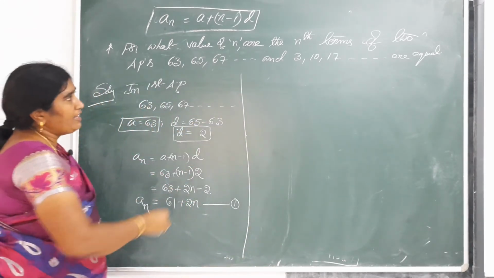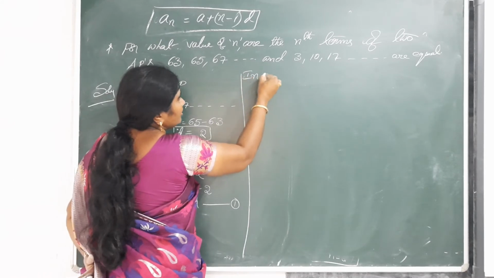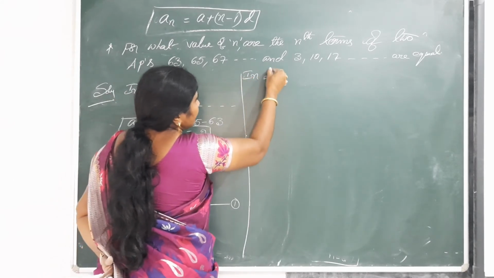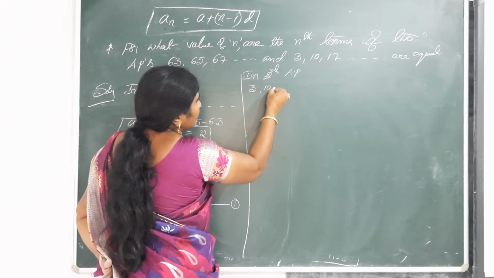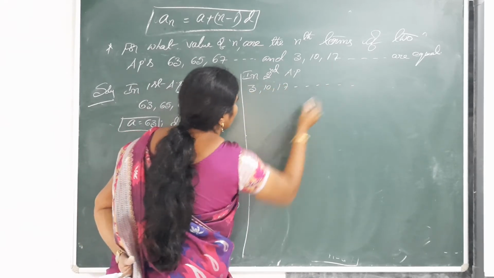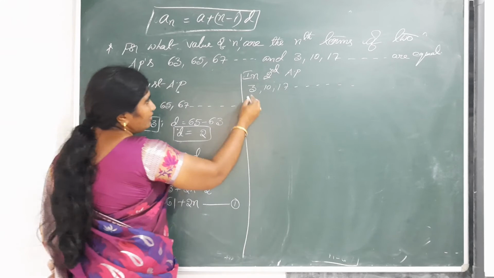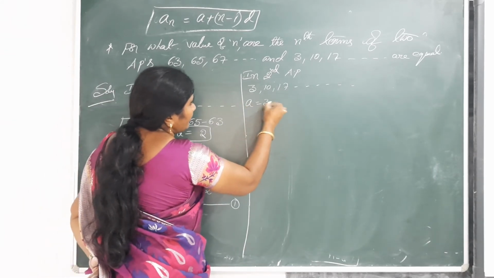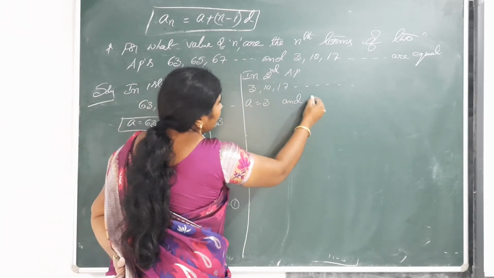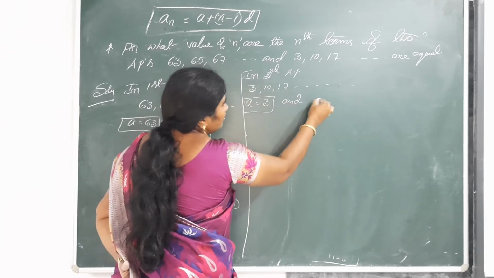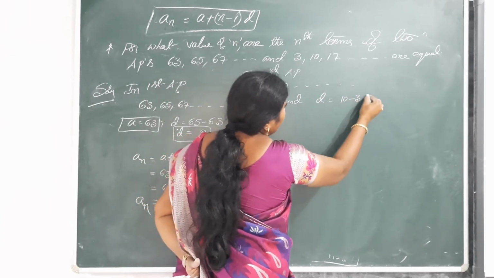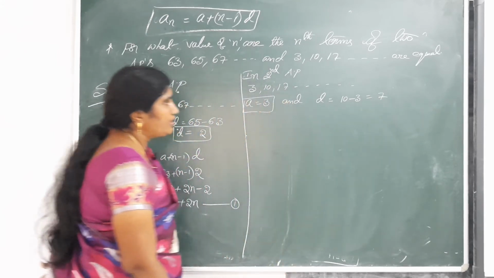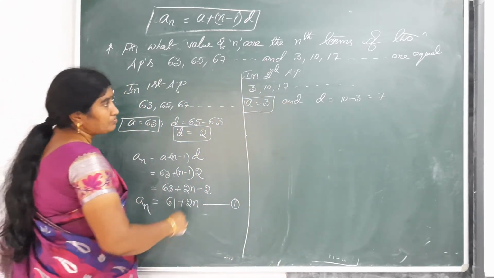Next, in the second AP, 3, 10, 17 and so on, first we write the first term A equals 3 and D equals 10 minus 3, that equals 7. D equals 7.